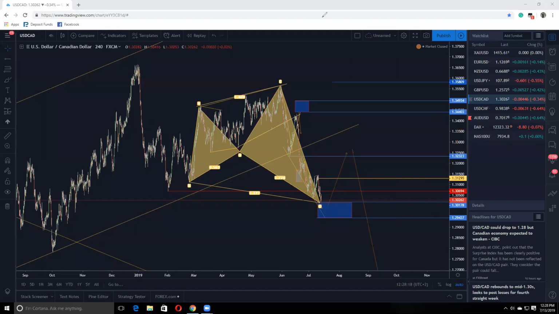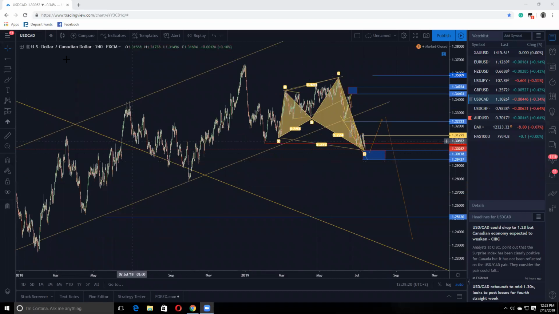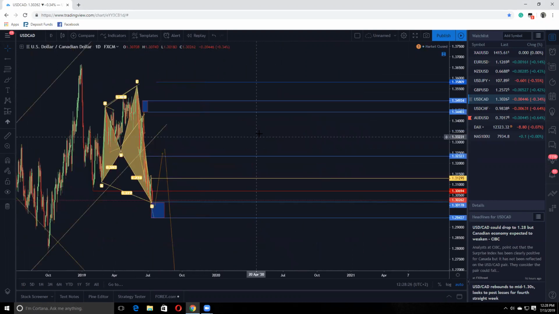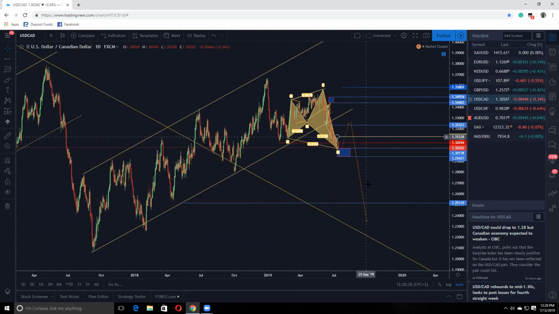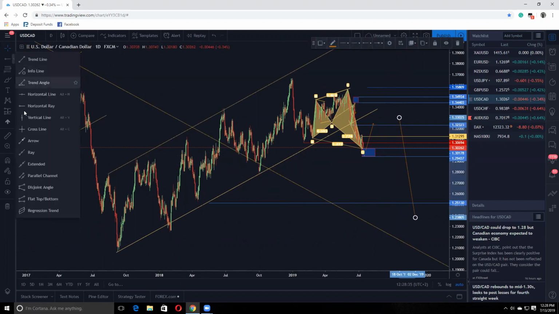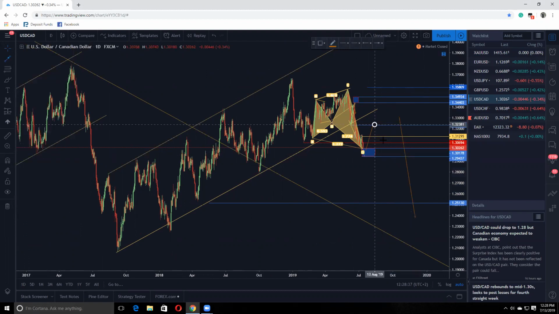To confirm the move, they must give us a sideways move, a bigger corrective structure for more downside. You check. So on USD CAD, I'm still looking for this down move. So here, this is the correction that I am waiting for.